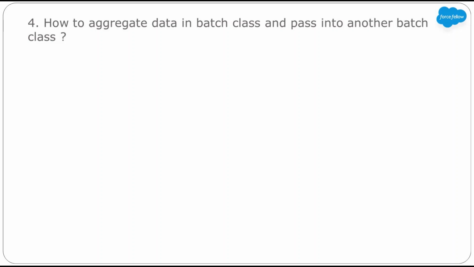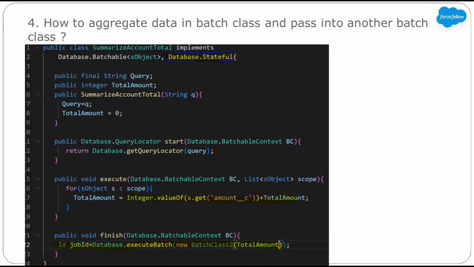Okay, so let's say in this example, here you can see we have specified database.stateful in class definition, and here on line number 5 we have a total amount integer property, and in this execute method we are assigning object amount plus total amount into this total amount property.